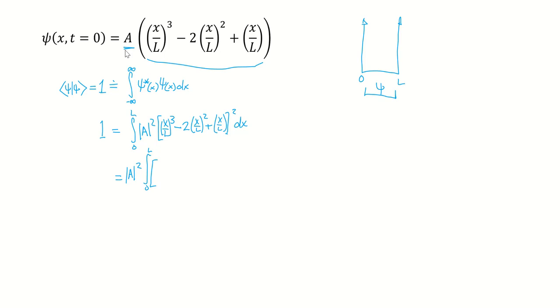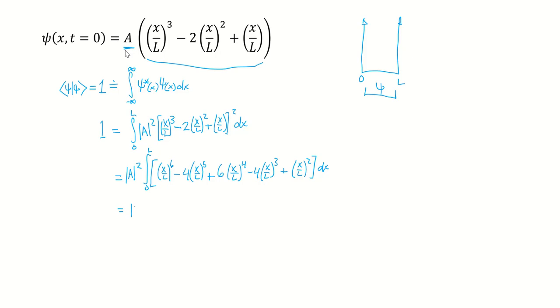Once we take the square of all this, it ends up being x over L to the 6th, minus 4x over L to the 5th, plus 6x over L to the 4th, minus 4x over L to the 3rd, plus x over L squared, dx. We want to do the integral of that.